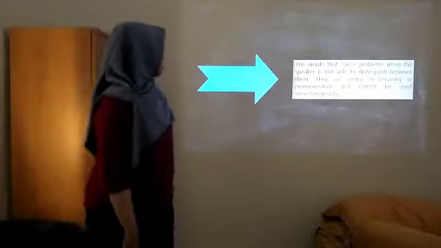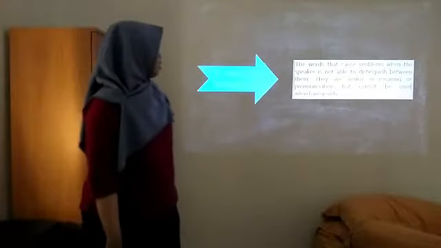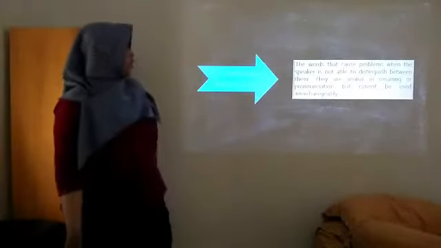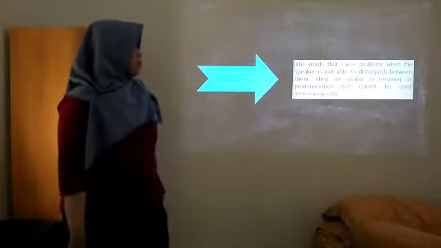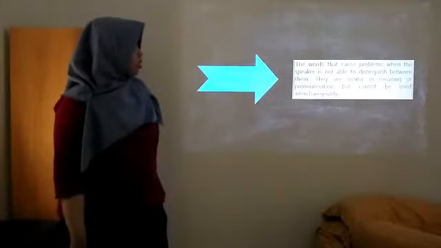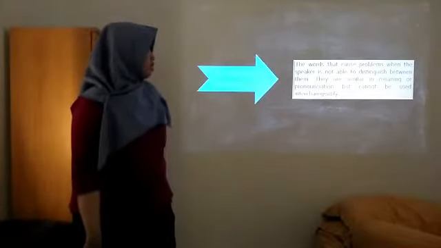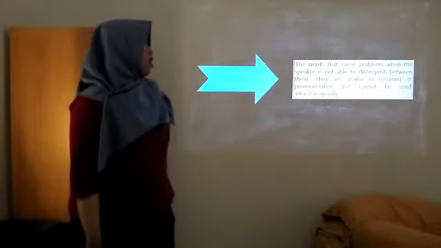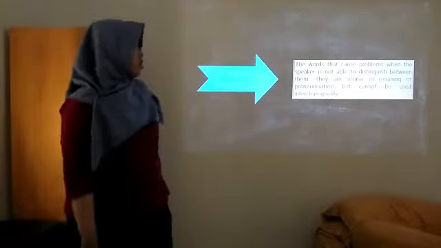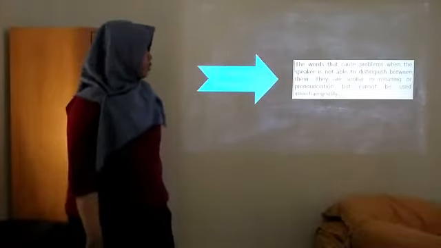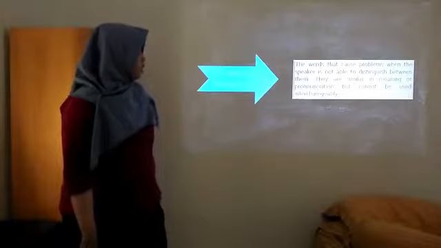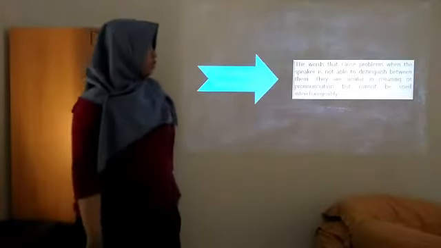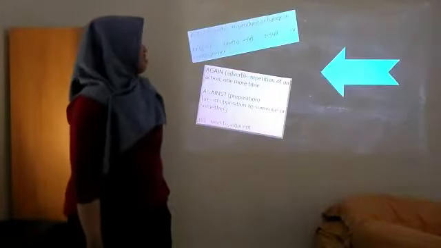And the second is confusingly related words. Confusingly related words are words that cause problems when the speaker is not able to distinguish between them. They are similar in meaning or pronunciation, but cannot be used interchangeably.